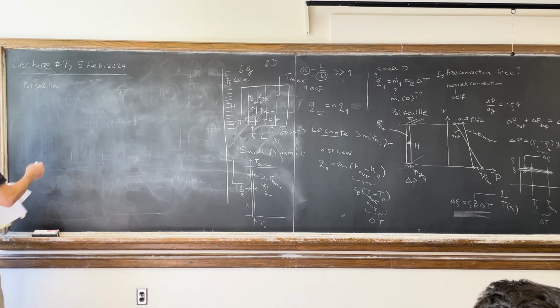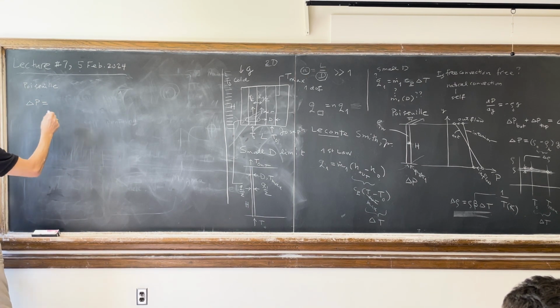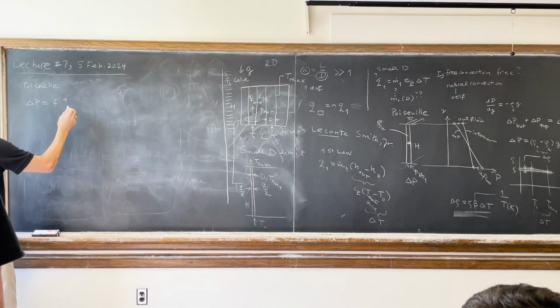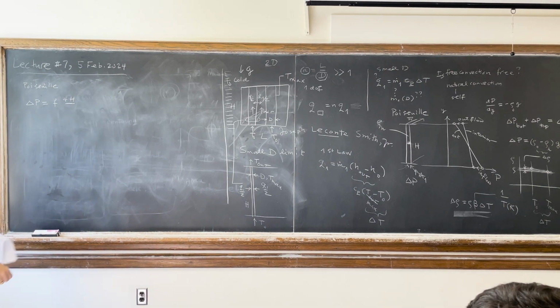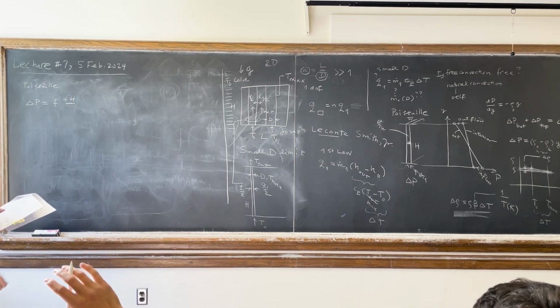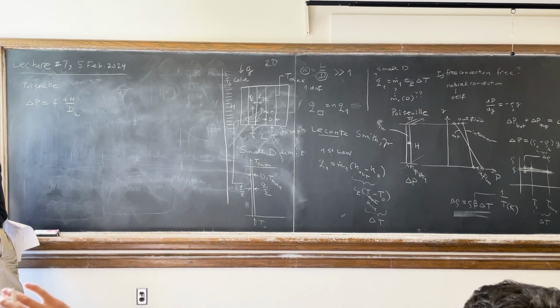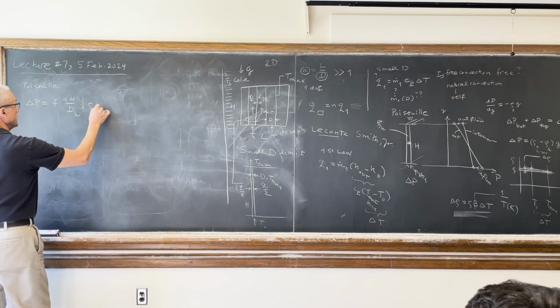One formula I remember is that delta P, and you should as well, is equal to the friction factor 4 times the flow length, in this case h, over the spacing, meaning the hydraulic diameter, and then 1/2 rho u squared.